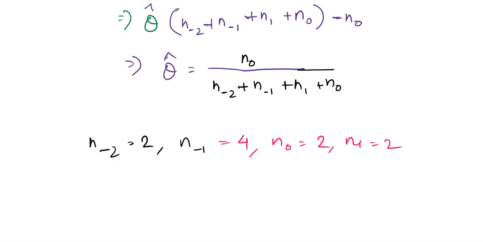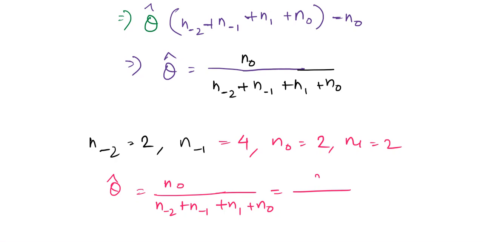So therefore theta cap equals to n naught by n minus 2 plus n minus 1 plus n1 plus n naught. Okay, so that means 2 by 2 plus 4 plus 2 plus 2, so that means 2 by 10, that means 0.2.